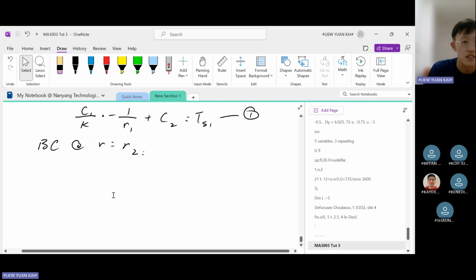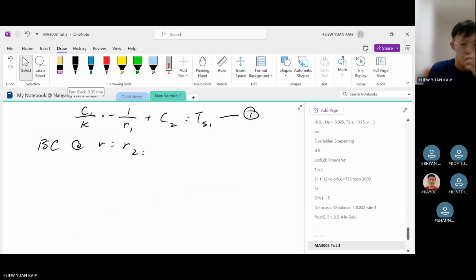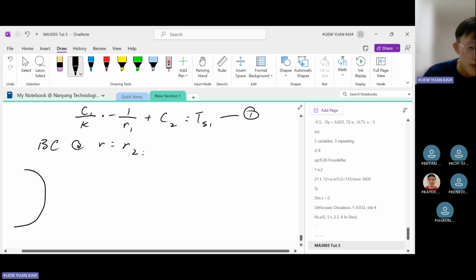So at r equals R2, let's take a look at the physical phenomena of this problem. At the outer radius, let's draw a control volume because we're going to take a surface energy balance. There is a heat flux. They never told us the direction of the heat flux, so let's assume it moves this way.